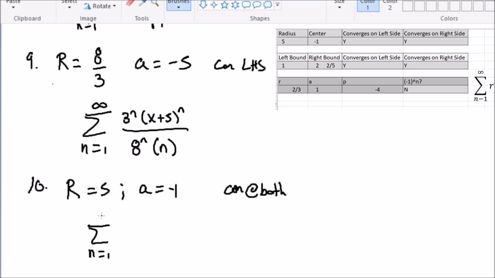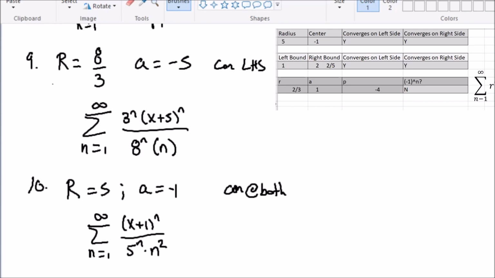Sum from n equals 1 to infinity of (x plus 1) to the n over 5 to the n times n squared. And there we have it. So in just under 7 minutes, we've done 10 power series.